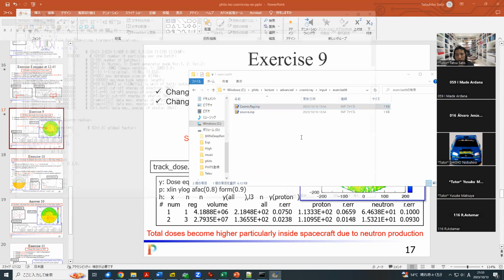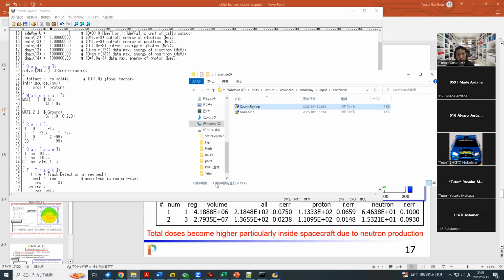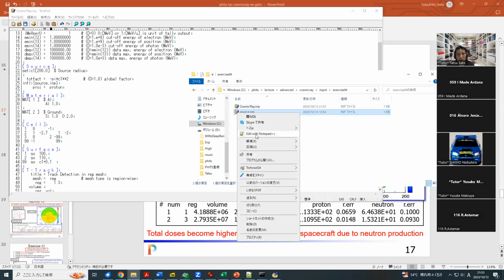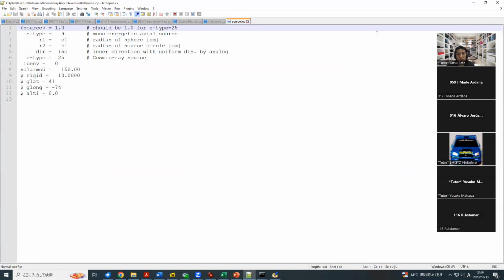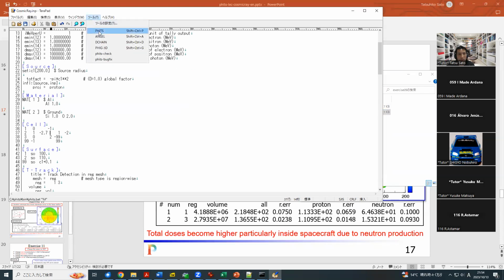So first, I have to change the material of cell 2 to aluminum, and the density is minus 2.7. And save, and run FITS.